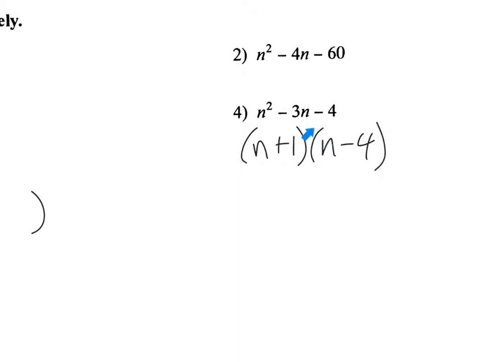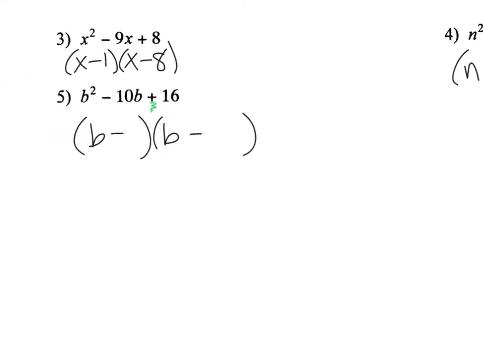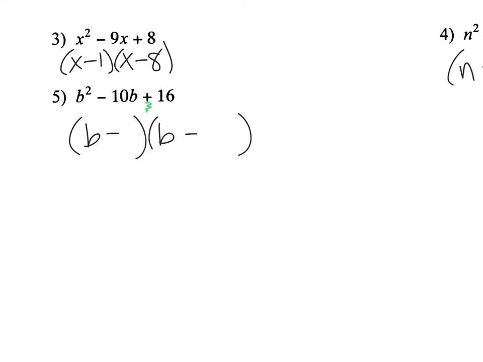We put the sign of the larger factor based on the middle term. So the middle term's negative, the larger factor is negative. But when do you add? When signs are the same. So I can write this down and then figure out what my factors are. What are factors of 16 that will give me 10? That would be 2 and 8.